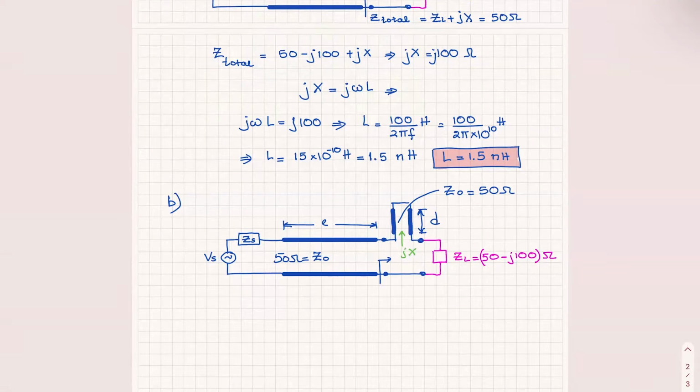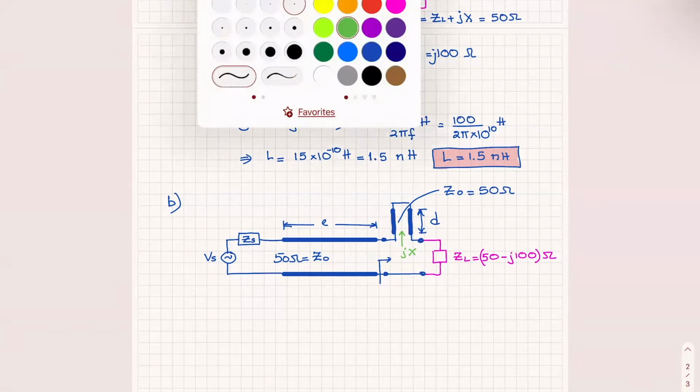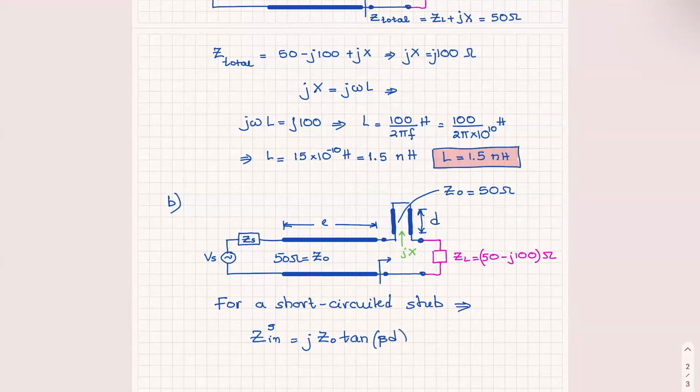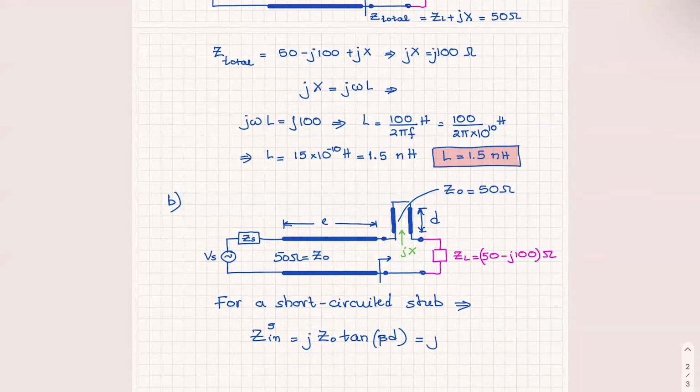And then I know for a short-circuited stub, the Z input to the stub is equal to j Z naught of the stub tangent of beta D. And we know that this has to be jX.